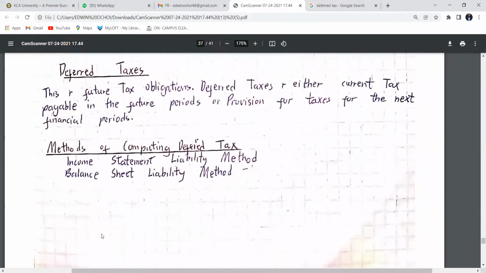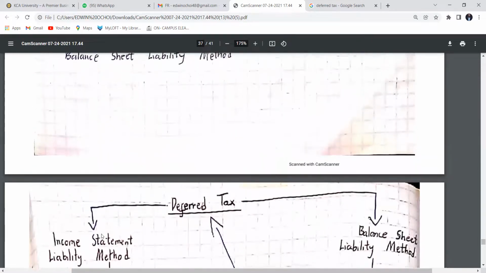So deferred taxes, I've talked about the two methods of computing that. First, the definition of deferred tax: these are the future tax obligations. They are either current tax payable in a future period or a provision for taxes for the next financial periods.